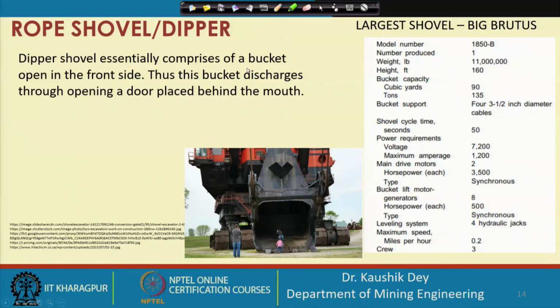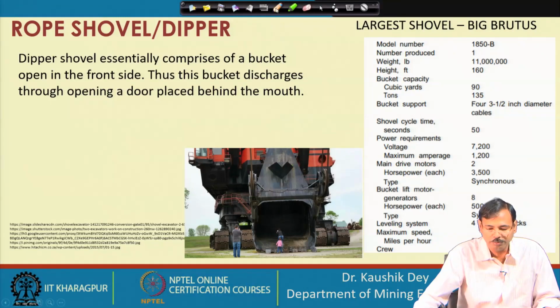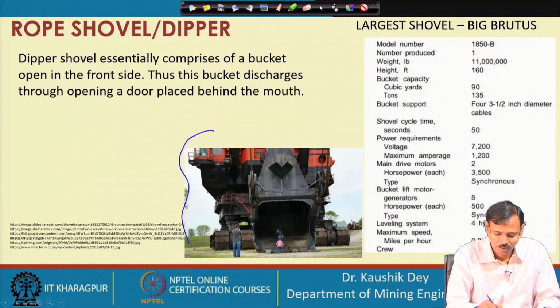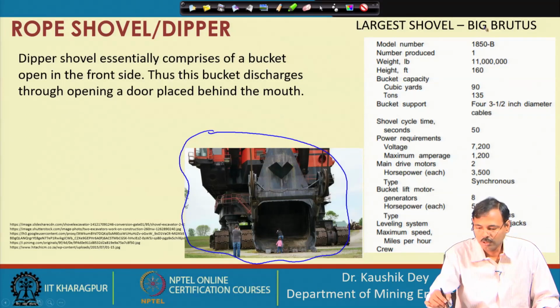Now, let us look in this lecture at the rope shovels. Most of the rope shovels are very big. In fact, this is the largest rope shovel, called Big Brutus.